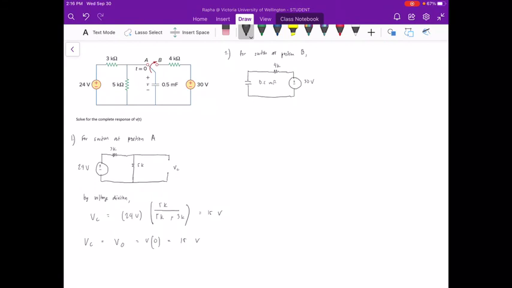From this simplified diagram, we can easily calculate the time constant. We have values for R and C, so our tau is equal to RC, 4000 ohms times 0.5 millifarad. Our time constant therefore is equal to 2 seconds.